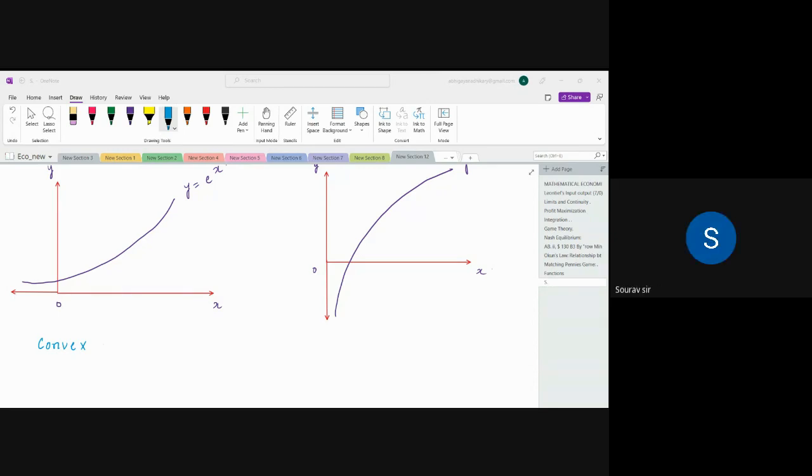So if it is convex, then quasi-convexity is automatically implied. You need not check that additionally. That will automatically hold. So that is done. Since it's convex, quasi-convexity is automatically implied. That need not be checked.